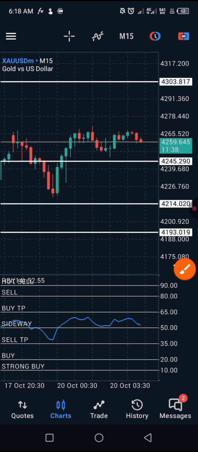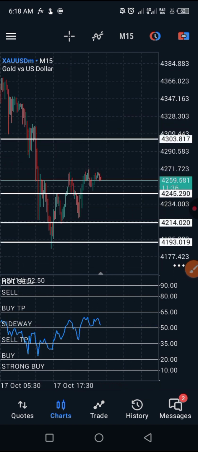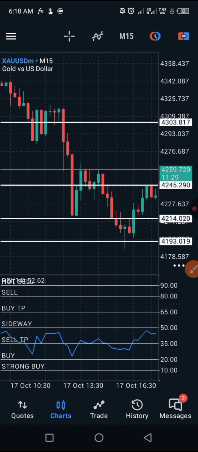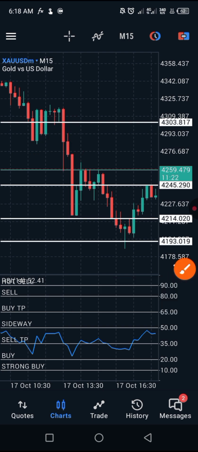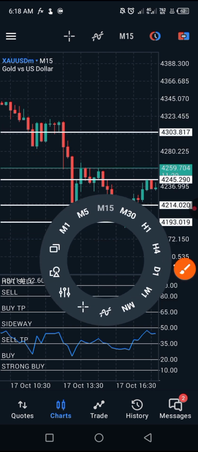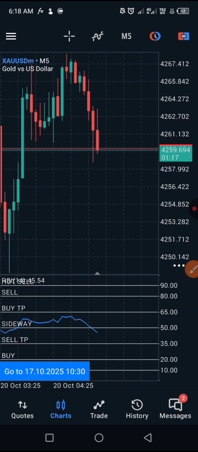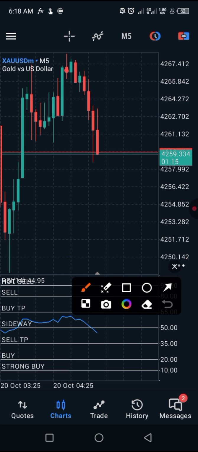So as it stands now, this is where price is currently at, 42.59. Is there any other bearish engulfing around this zone, or evening star or morning star? No. So we're going to go to 5 minutes to check, so that we'll know why price is reacting here.